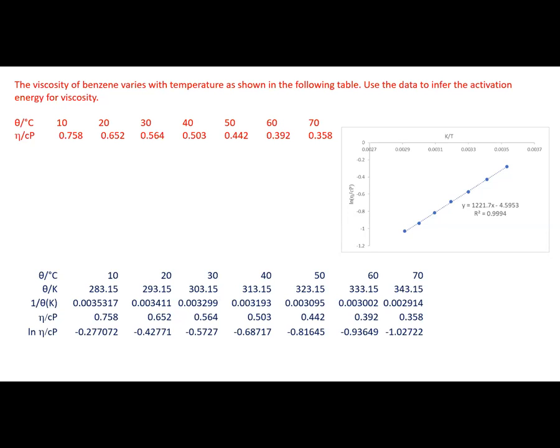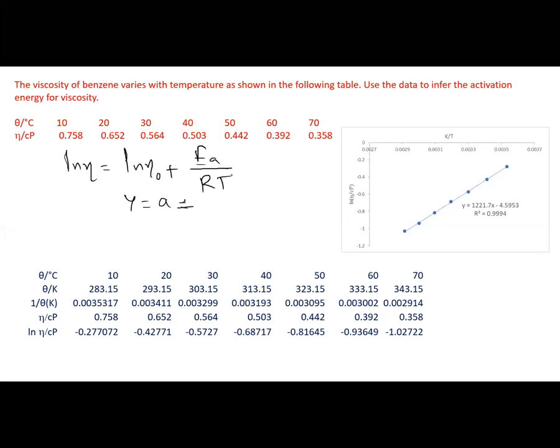So how do we solve this problem? So we have seen already how the viscosity is dependent on the temperature. So ln eta is equal to ln eta naught plus Ea over RT. So this equation is similar to the linear fit, which is in the form of y is equal to A plus mx.